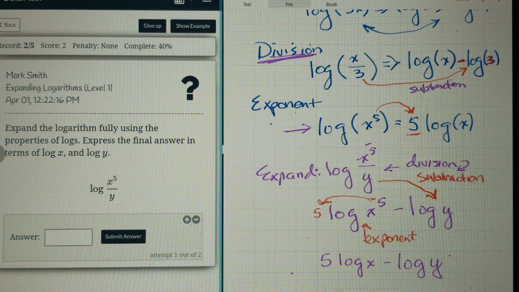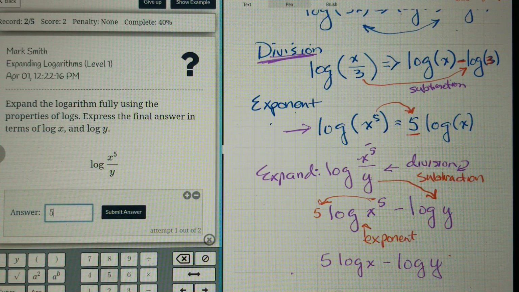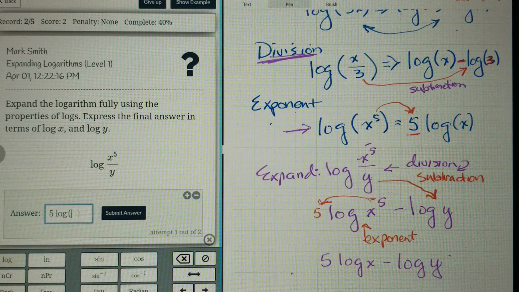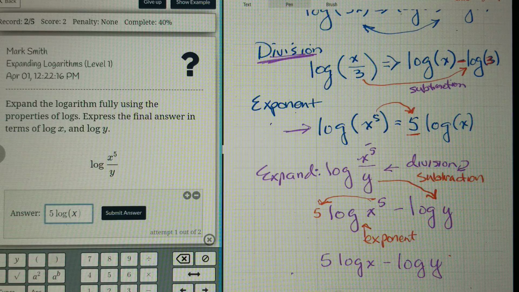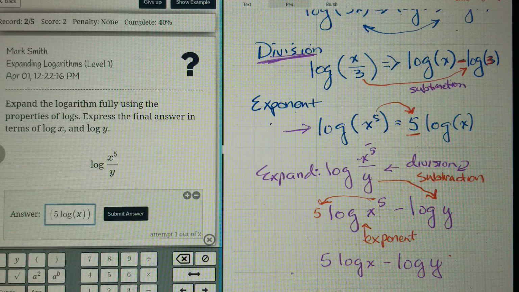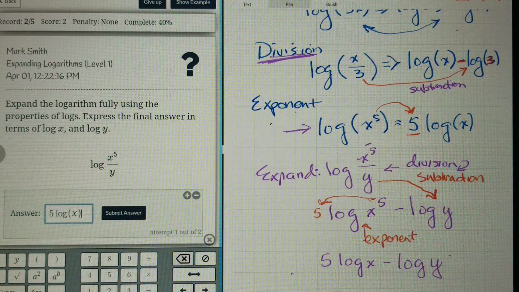Let's go back over here and see if our answer is right. We have 5, log of x, minus log of y.